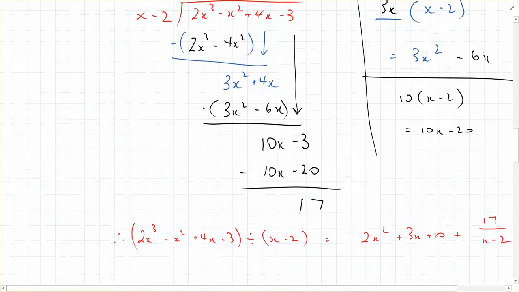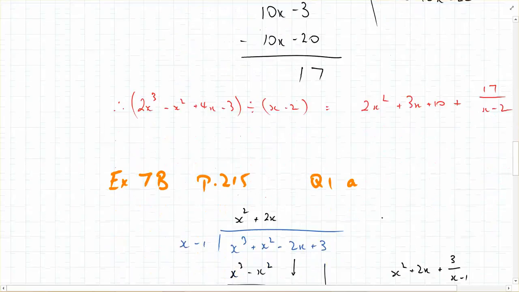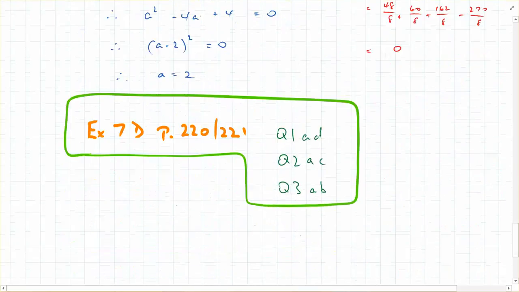It's this one up here, where we're dividing x minus 2 into 2x cubed minus x squared plus 4x minus 3. I'm going to use a different method. I'm going to show you this method that we looked at last night. I'm going to call it the speed method of dividing polynomials.